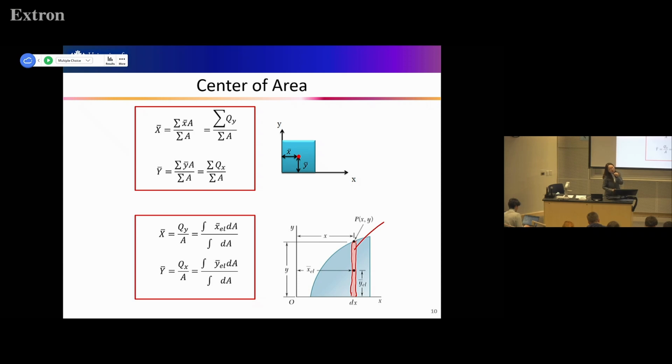When we calculate the area of this rectangle, that is dA, the area of this strip. If we calculate the centroid of this strip, that is x bar L and y bar L. So that is the conceptual explanation. I will use this to solve the second or third problem, the last problem today.